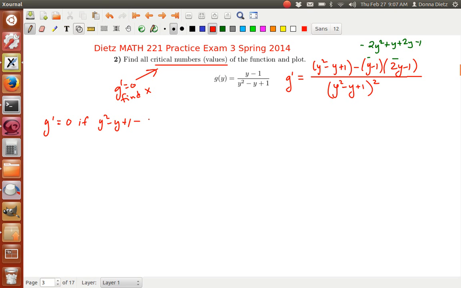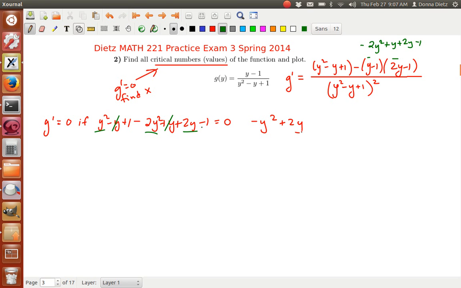Let's see, we get minus 2y squared plus y plus 2y minus 1 equals 0. Let's combine these. Y squared minus 2y squared, so we get minus y squared for these pieces. Now let's collect up all the y's. These cancel, and then you just have 2y.